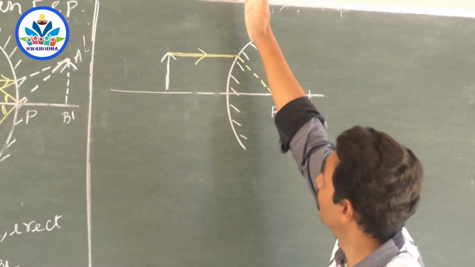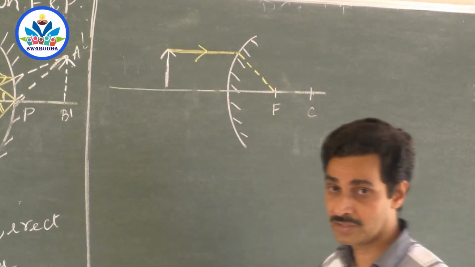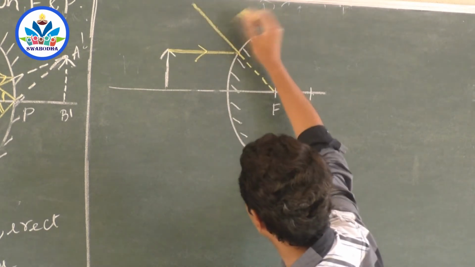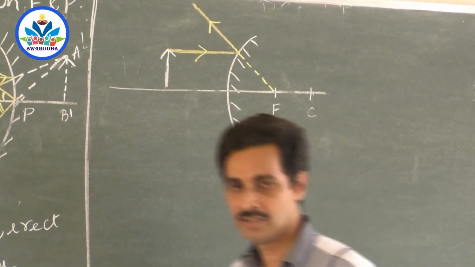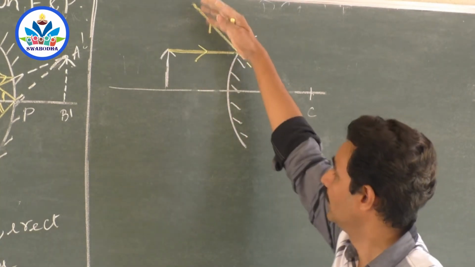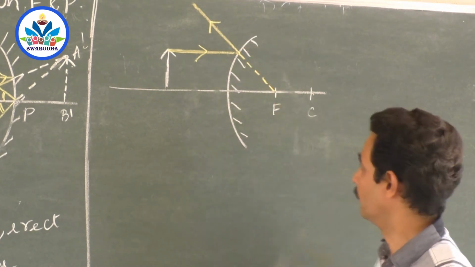Otherwise, simply reflecting it somewhere else and trying to bring it towards the focus doesn't look nice. Now it should reflect in this direction only. Correct? First you join this and see how it gets reflected. So a ray of light parallel to the principal axis, after reflection, diverges in such a way that it appears to diverge from the focus.